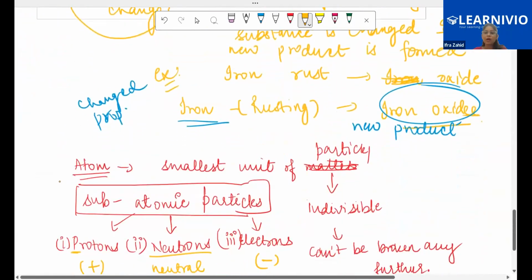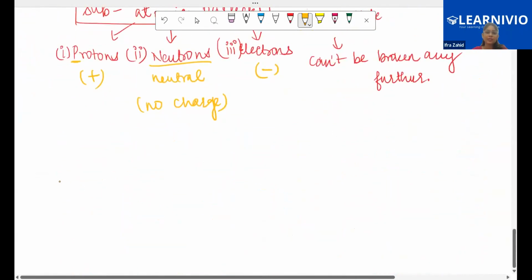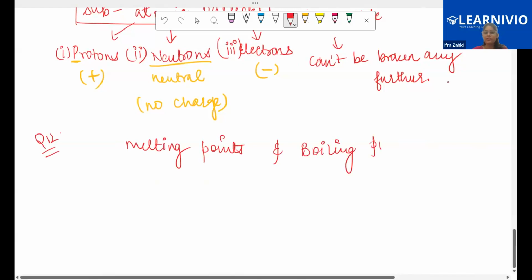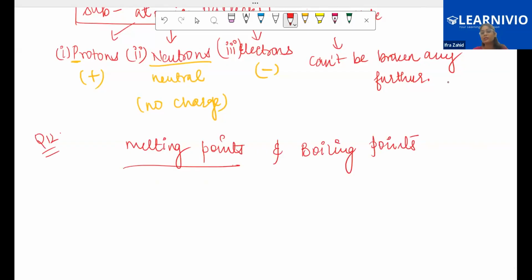Now, we'll break down this question. Melting points and boiling points. What do you understand by melting point and a boiling point?